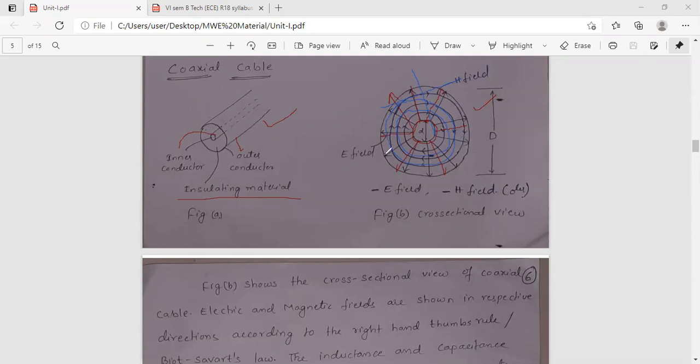The final conclusion is that TEM is a transverse electromagnetic wave, where the electric field is present and the magnetic field is also present, and those two are perpendicular to each other. Transverse means perpendicular. So a TEM wave can propagate using this coaxial cable.